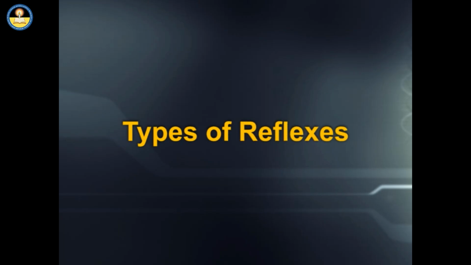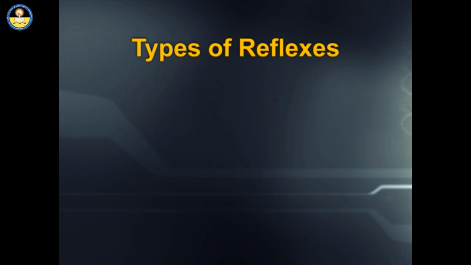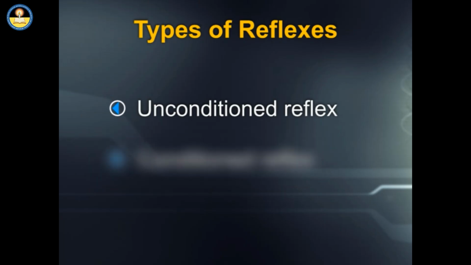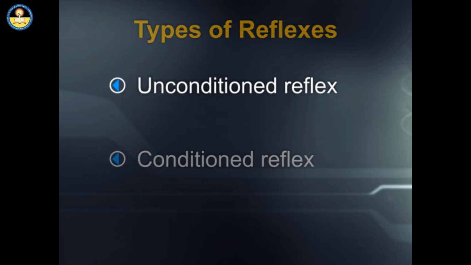Reflex actions are automatic or involuntary movements of living organisms. They are of two types: unconditioned reflexes and conditioned reflexes.